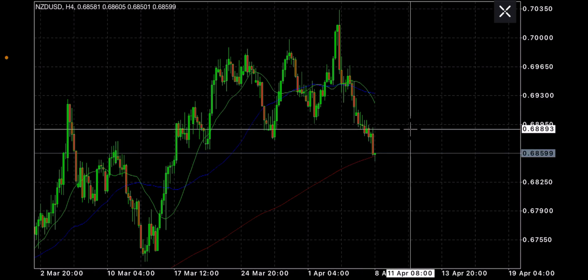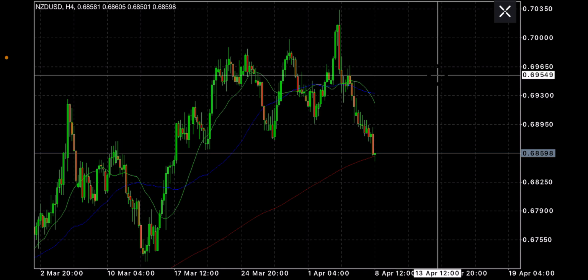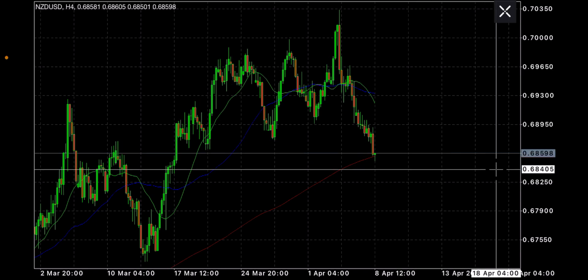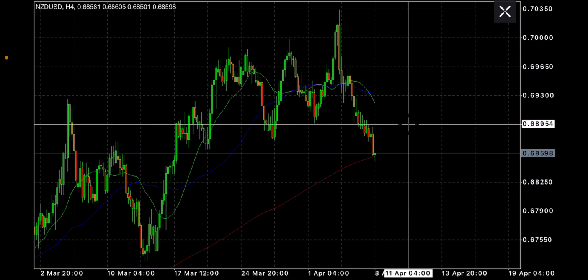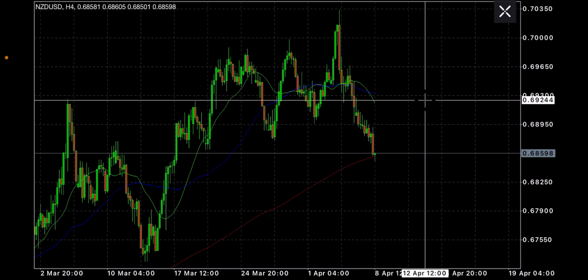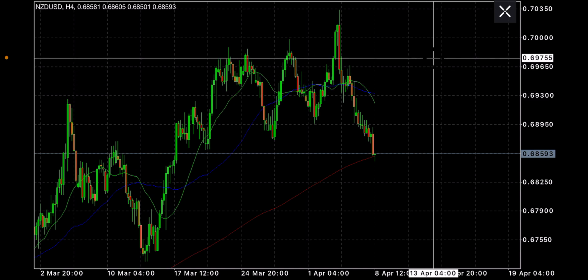We could see a push to this general area here or this general area here before we range out and continue to go back towards the downside. So any long position moves that you may see are only going to be temporary and only going to be retracement. Now, is it possible that these long moves that cause the chart to go back up could be signals of price turnover and we're going back towards the long side?